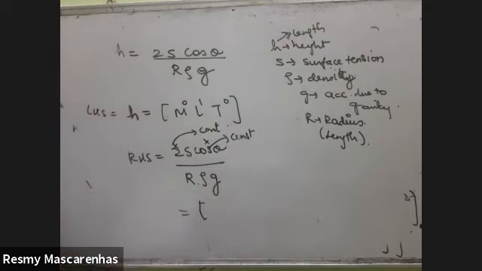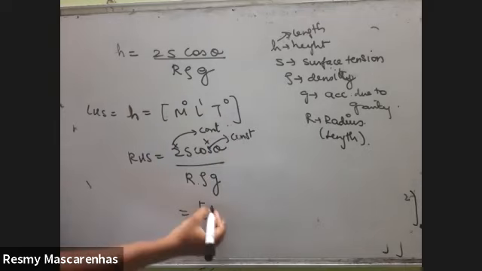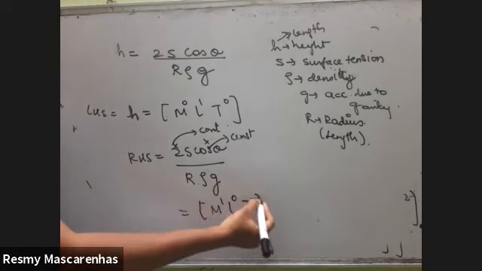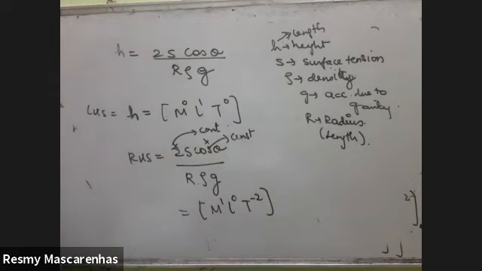Only the dimension of S. S is the surface tension. So write the dimension of surface tension. That is M1, L0, T to the minus 2. Radius means length. Density.